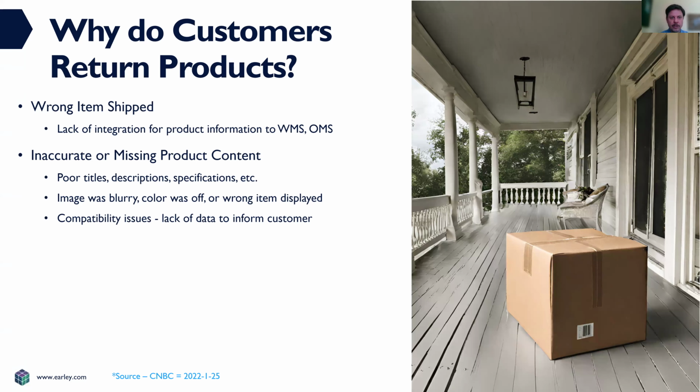Most organizations don't know what that is. They don't know what percentage of their specification data is inaccurate. They don't understand what percentage of their compatibility data is inaccurate, or what percentage of their images are inaccurate. This takes work in setting up these metrics and then actually quantifying them.